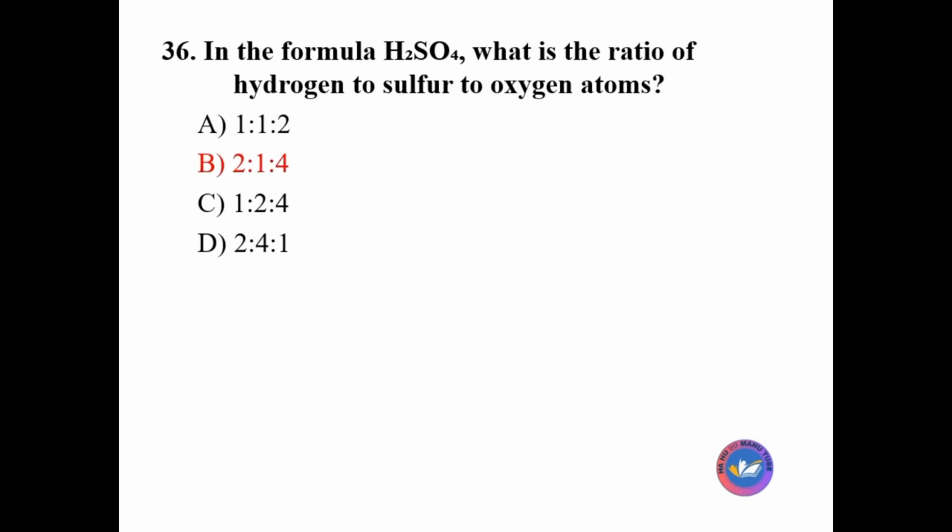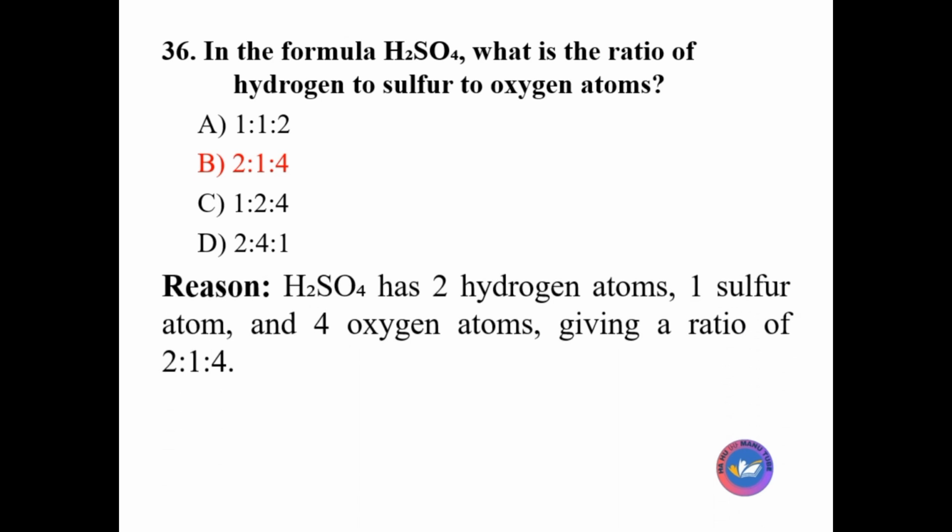The answer is 2:1:4. H2SO4 has 2 hydrogen atoms, 1 sulfur atom, and 4 oxygen atoms, giving a ratio of 2:1:4.